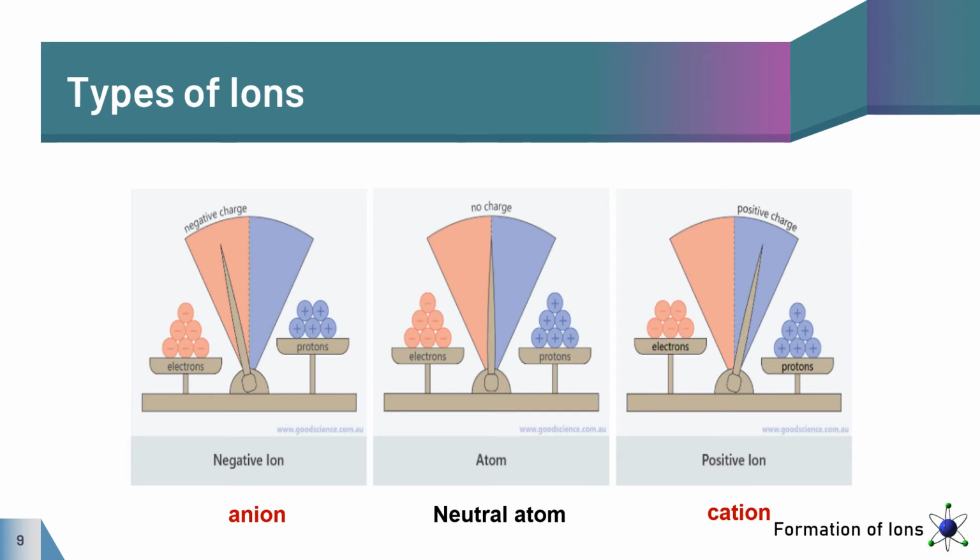When you look at the neutral atom, we can notice that the number of electrons is equal to the number of protons. On the other hand, in terms of a negative ion, there are greater number of electrons compared to that of protons. In terms of a cation or a positive ion, there are greater number of protons than that of electrons.